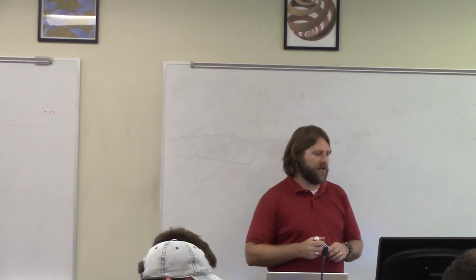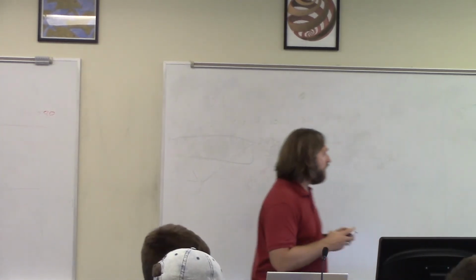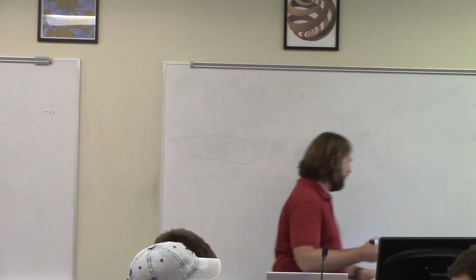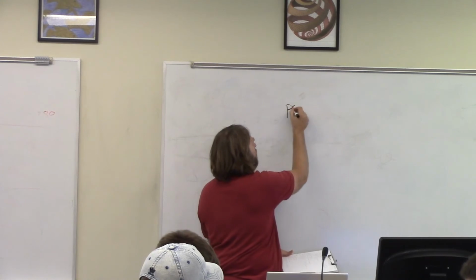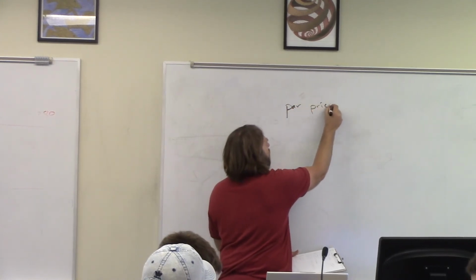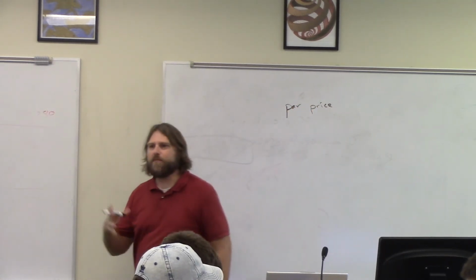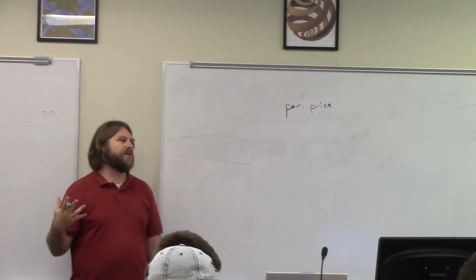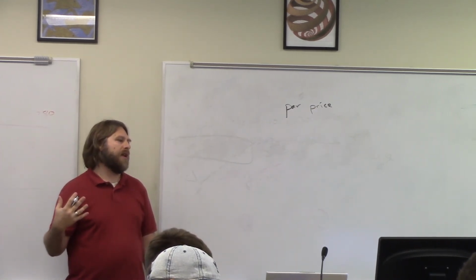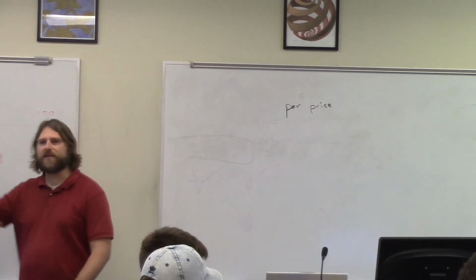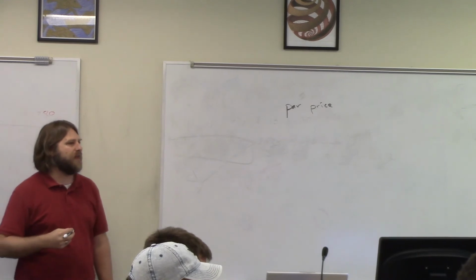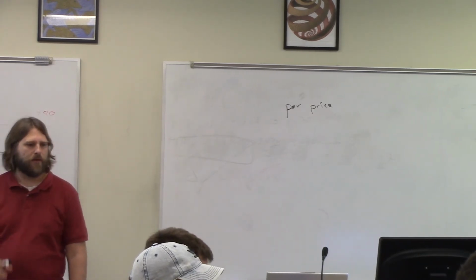pay it back. So for those of you who aren't familiar with how bonds work, there is the par price, which is how much that bond is worth when it comes due, right? So if you lent money to a company, the par price is how much they pay you back at the end of that time period, okay?